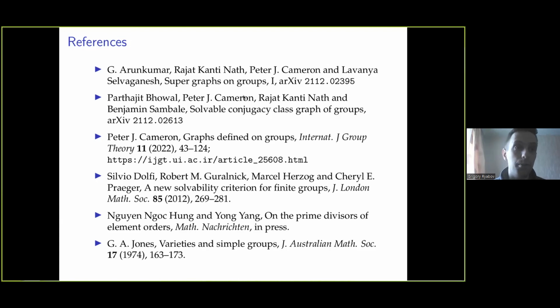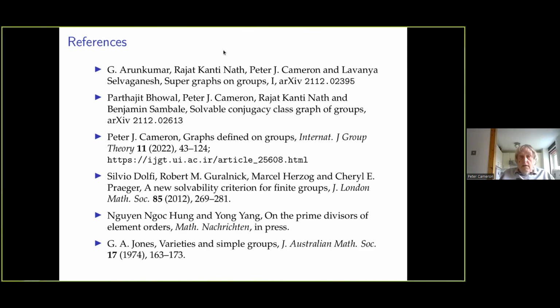If no, maybe I have one maybe stupid question. Yes, please. As I understand, the results on supergraphs are about supergraphs constructed on the set of equivalence classes. Yes, the contracted form. For the contracted form, you just use the equivalence classes as vertices.